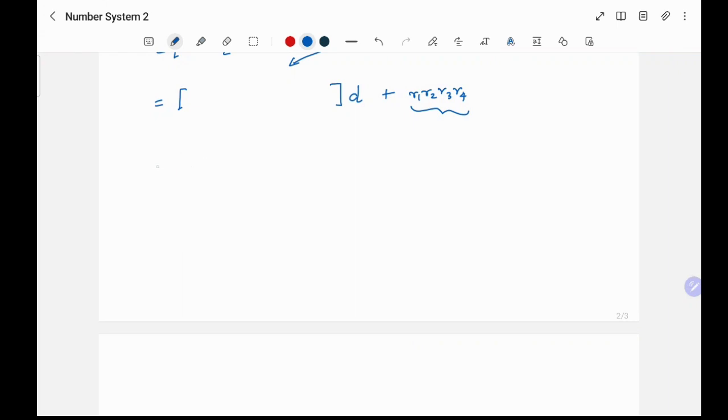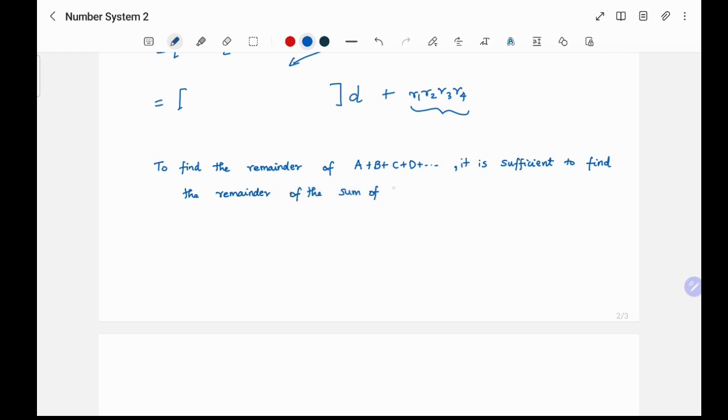To find the remainder of A plus B plus C plus D and so on, it is sufficient to find the remainder of the sum of remainders of A, B, C, D and so on.